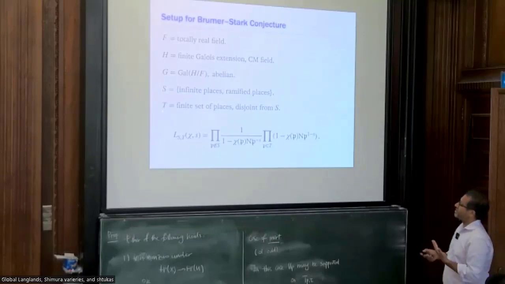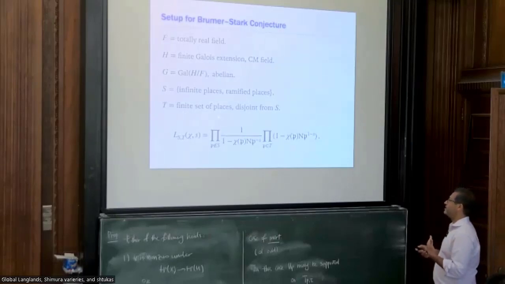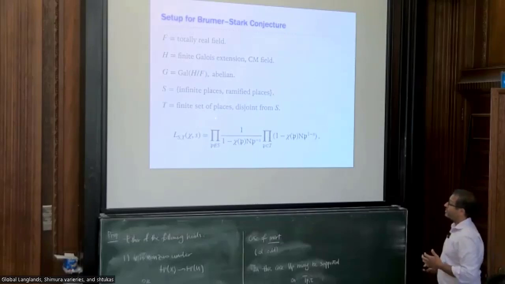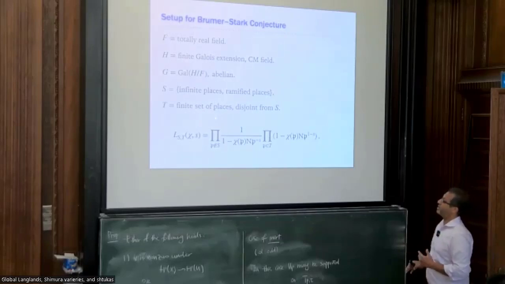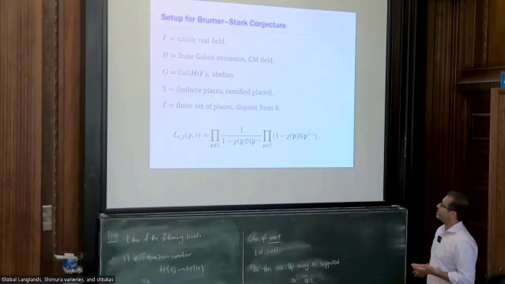And then there's this auxiliary set T that you need, a set of places that are necessarily finite because they're disjoint from S. And there's some technical condition on them that I won't give, but in particular, T is non-empty. And we define the L function of a character.